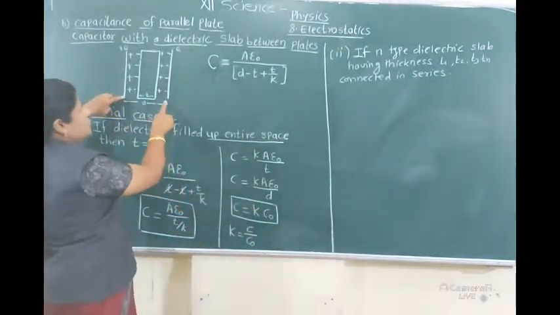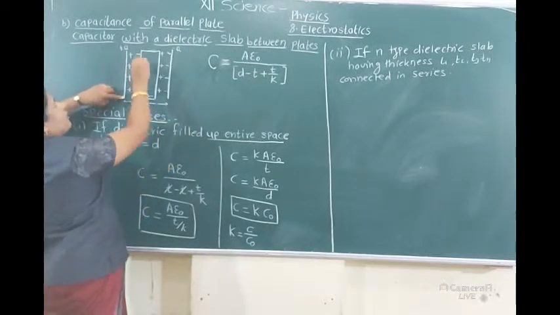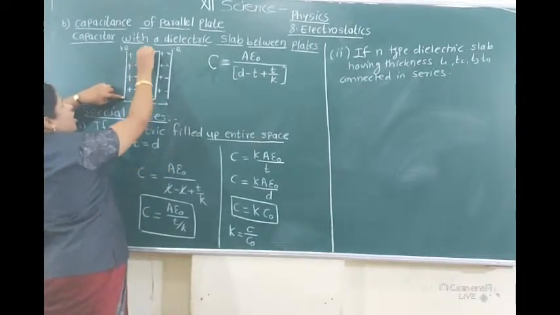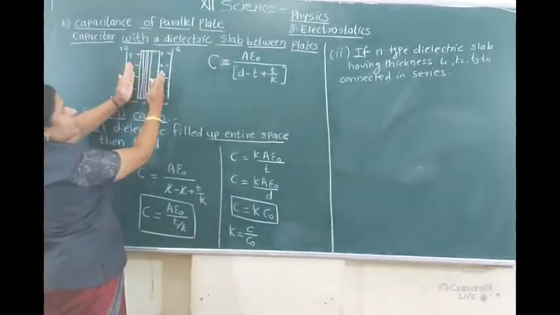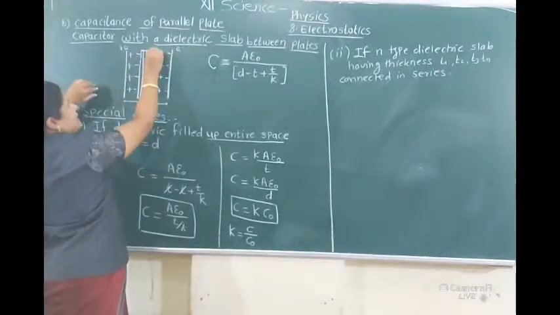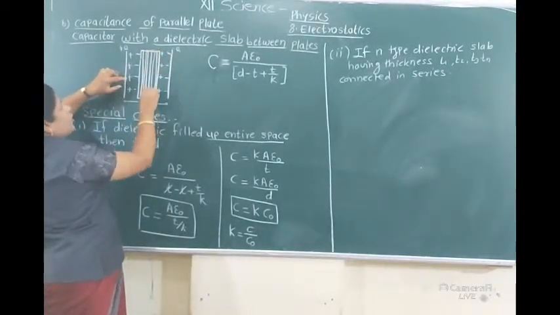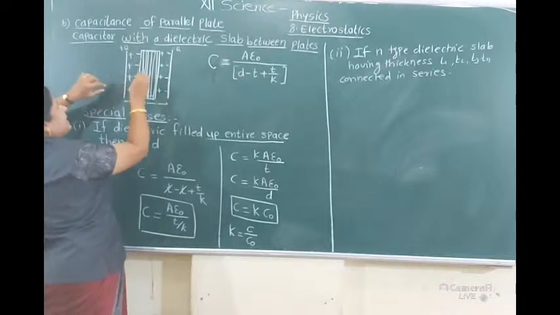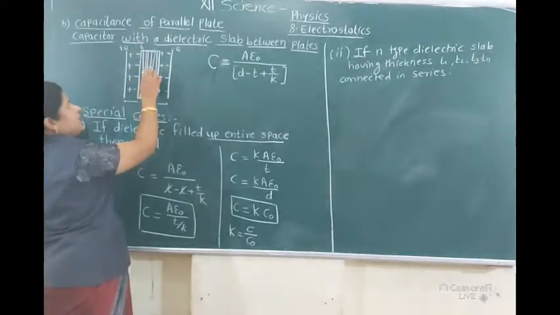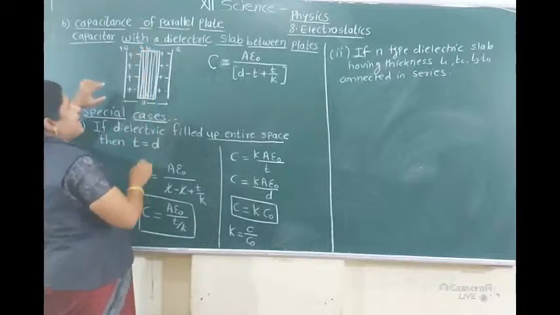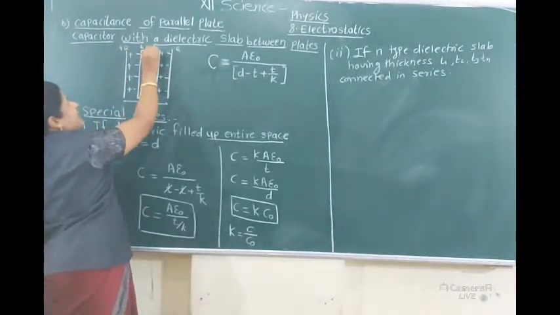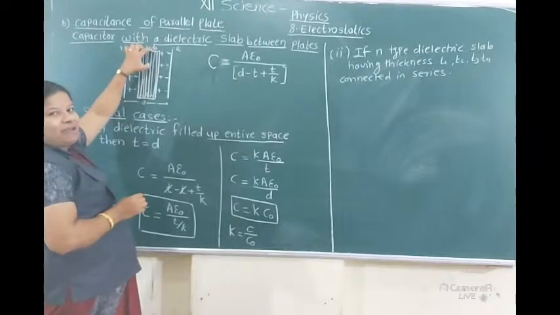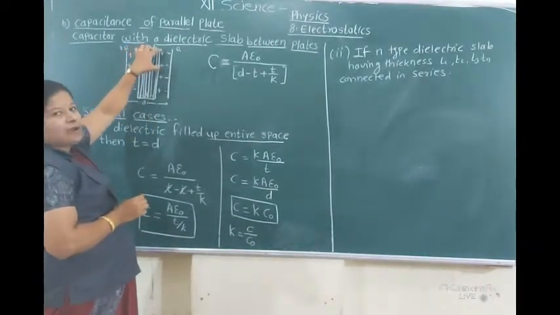That means in these two parallel plates we place n number of dielectric slabs. For example, the space between these two plates is divided into n slabs. Suppose this is the first dielectric slab having thickness T1. This is the second dielectric slab having thickness T2. This is the third dielectric slab having thickness T3, up to Tn.